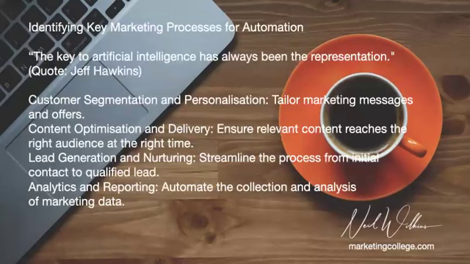Now, the key to artificial intelligence has always been the representation. In other words, how the artificial intelligence is going to represent itself or be representative of certain parts of the process. So we're going to give it its rightful position in the hierarchy of the things that we do.